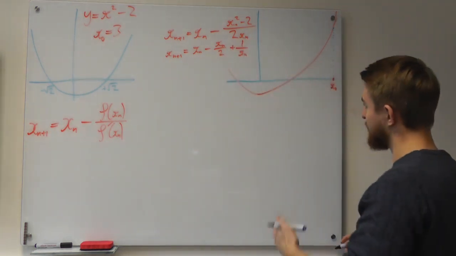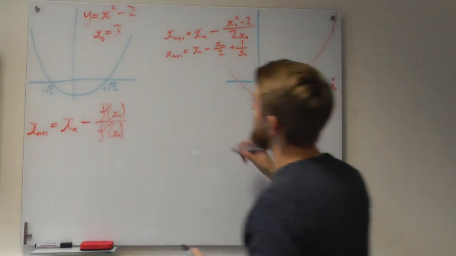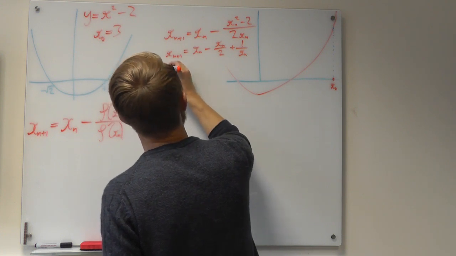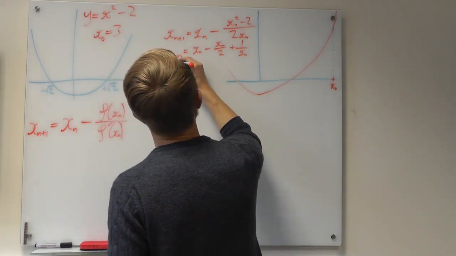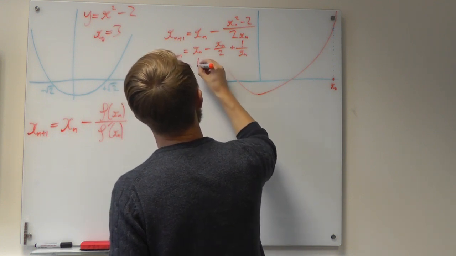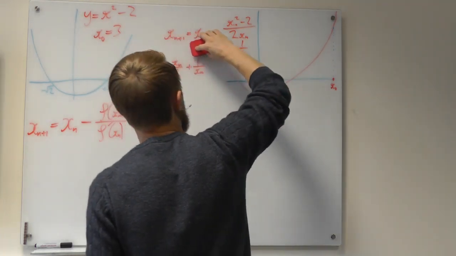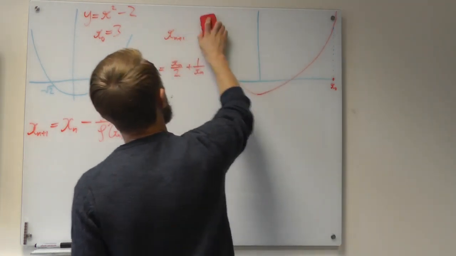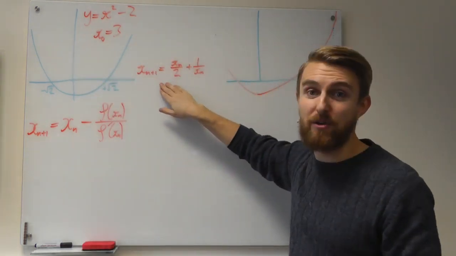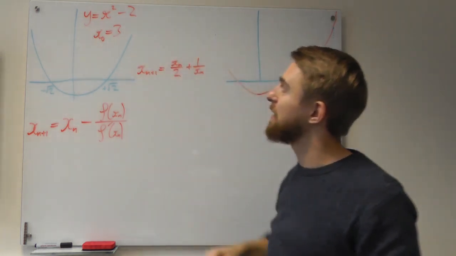So the final simple form for our Newton-Raphson method for this particular equation is going to be x_{n+1} equals x_n over 2 plus 1 over x_n. Okay? And we can now rub out these working steps.